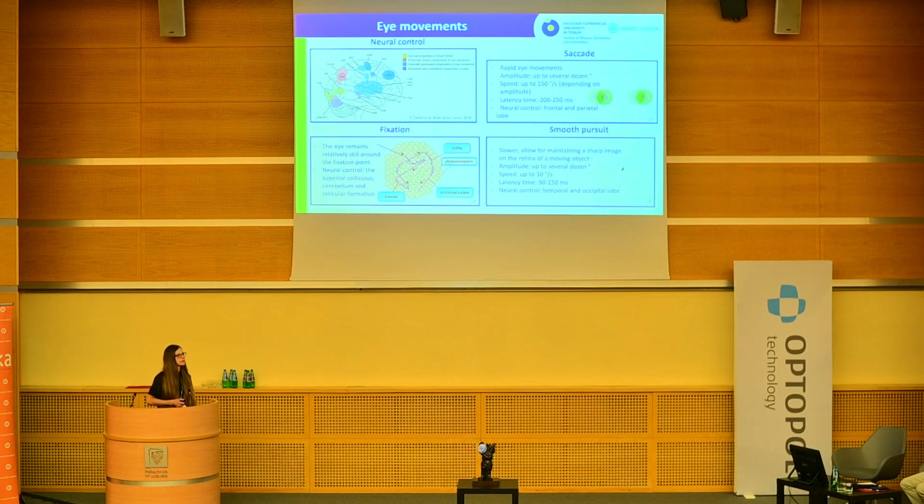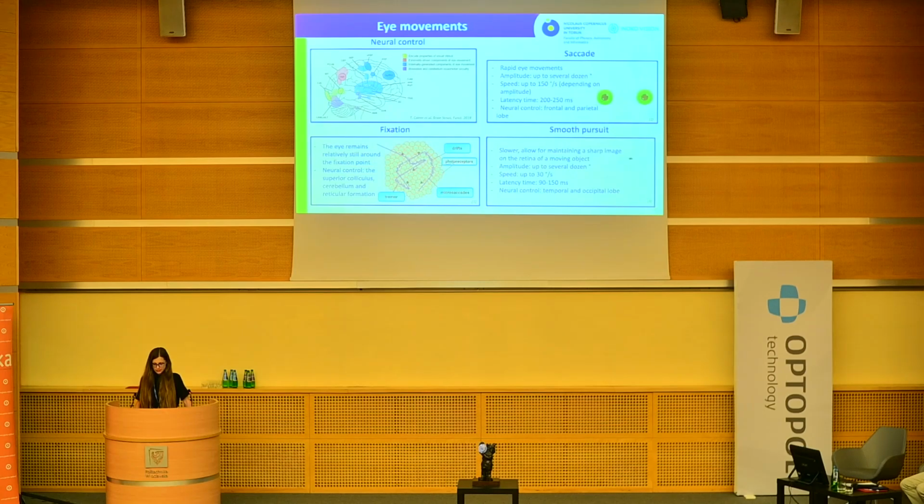First of all, we have fixation eye movement, which occurs when we look at a stationary object. But even then, we have micro movements such as drift, tremor, and microsaccades. The neural control of these movements are the superior colliculus, cerebellum, and reticular formation.